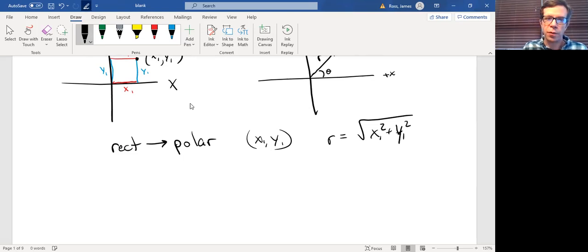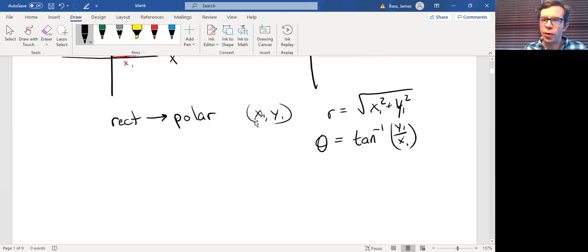And that's just our distance formula, right? And if we want to find theta, theta is given to be the inverse tangent of y over x.